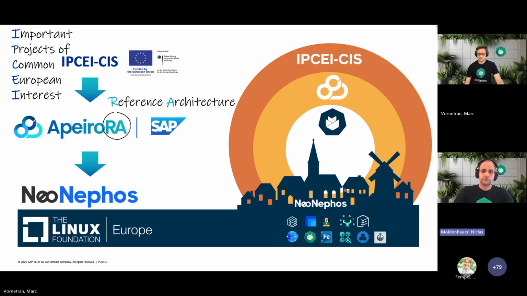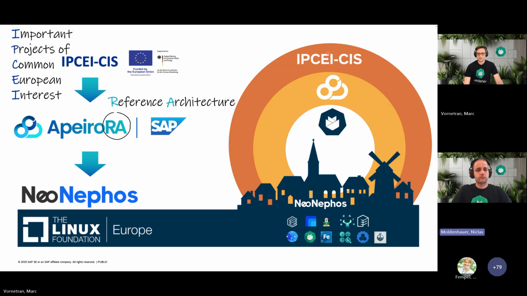The NeoNephos Foundation is some sort of vehicle to make sure that the projects inside that foundation stay truly open source and vendor neutral. And SAP's contribution towards that is within the Apeiro reference architecture to the IPCEI-CIS.